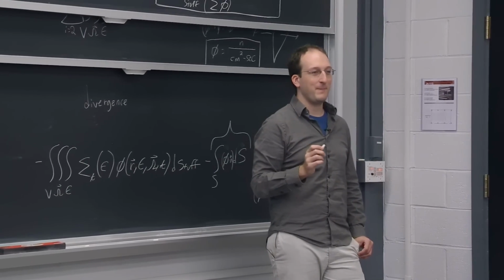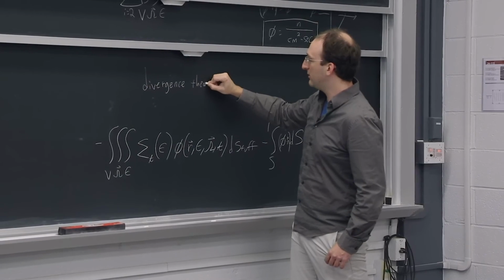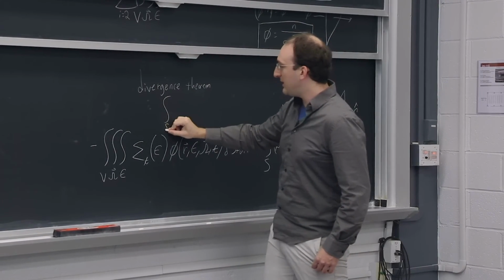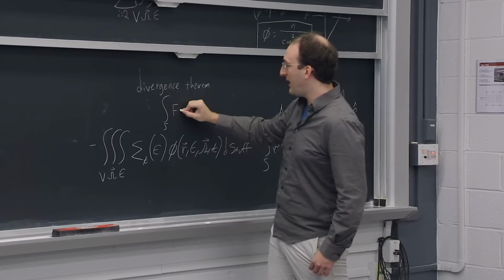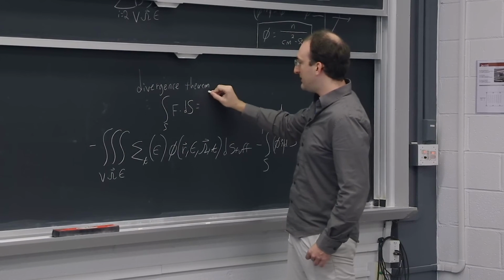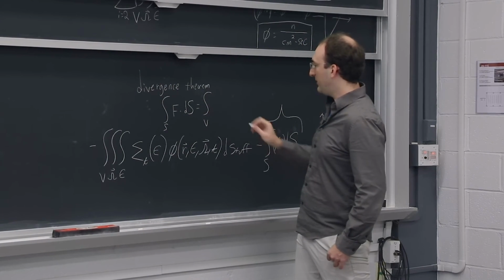Does that sound about right? This is when you actually use it. So the divergence theorem says that the integral of some variable f ds through some volume element of surface is the same as the volume integral of, how does this go?